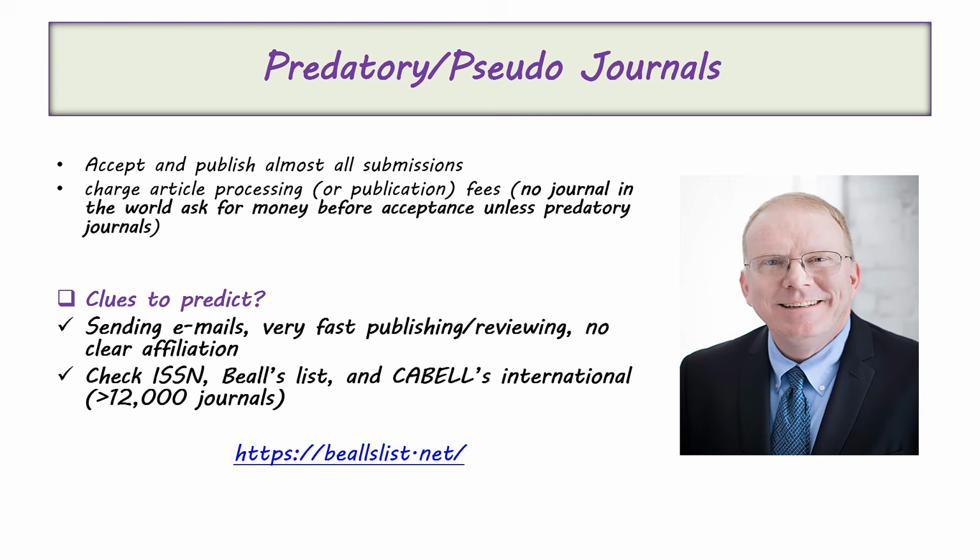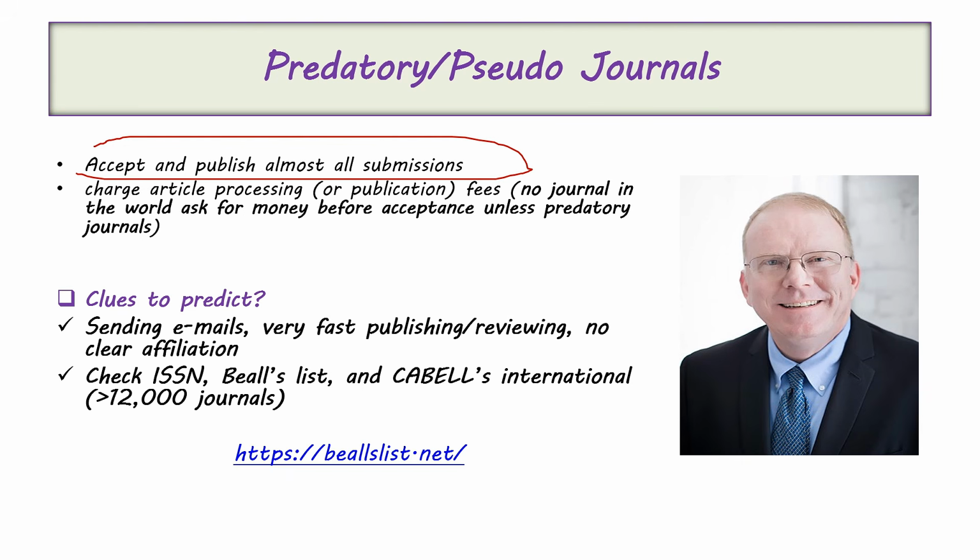The main theme of these journals is that they accept and publish almost all submissions, and they have publication fees before acceptance. They will say to you, please pay $100, then we will publish your paper. There is no journal on this planet that asks for money before acceptance, unless predatory journals.